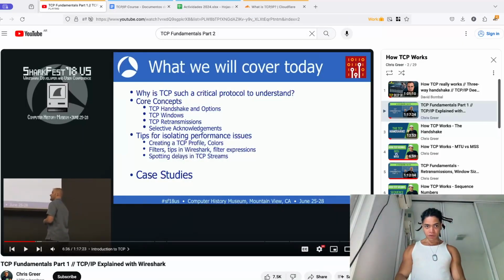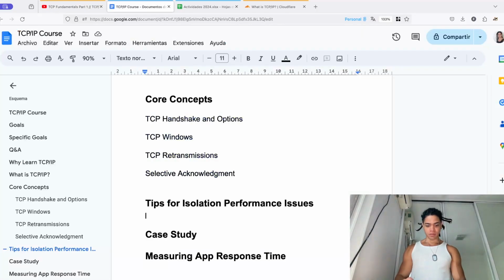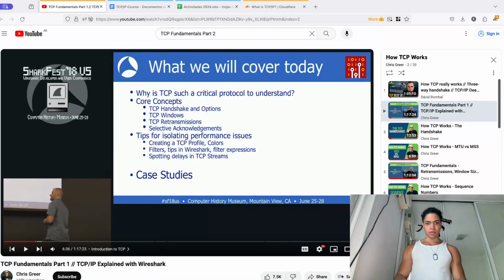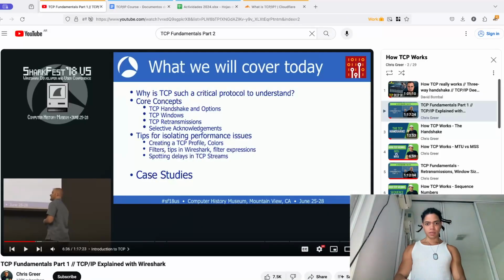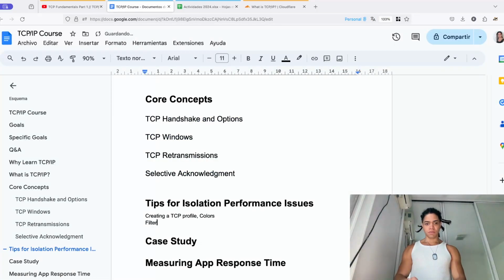Creating a TCP profile, colors, filters, tips in Wireshark.